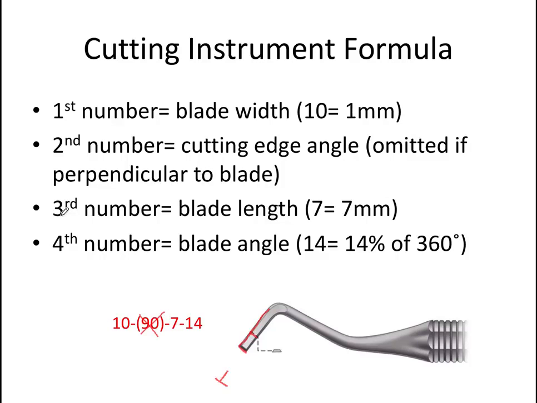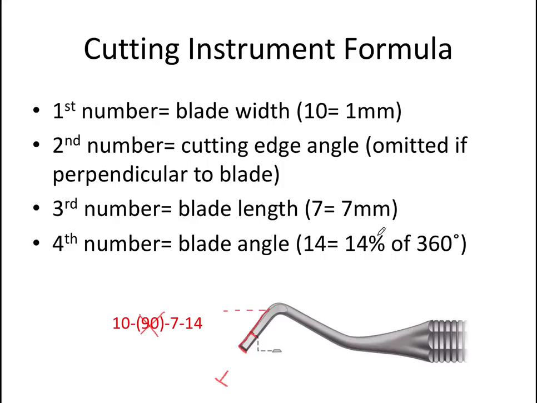And the fourth and final number of the formula is probably the most complicated. It refers to the angle of the blade, this time, relative to the long axis of the handle. So this is the handle here. I already basically drew the long axis of the blade, so the handle would go something like this if we were to continue that long axis. And the number doesn't refer to the actual angle this time, like the second number.